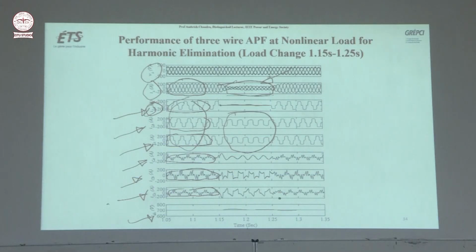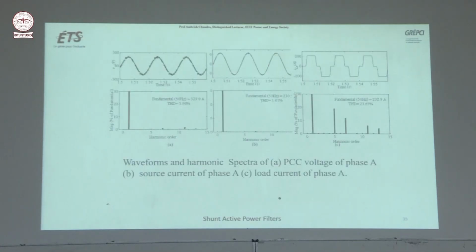You can see the three phases of the same shunt filter providing different current to compensate, because there is no current in phase A, so it is almost sinusoidal here.